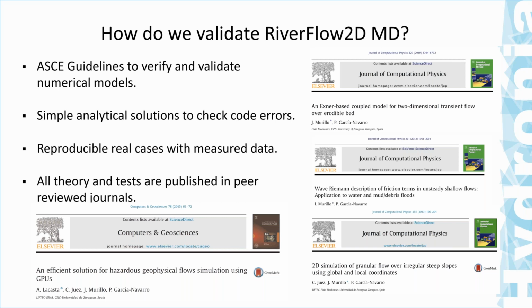So we submit the formulations and the testing that we do, and we eventually publish them in papers, and you see here some of the publications that the group has had in the past. In terms of this particular model, there are many other publications related to the other components of the model as well.